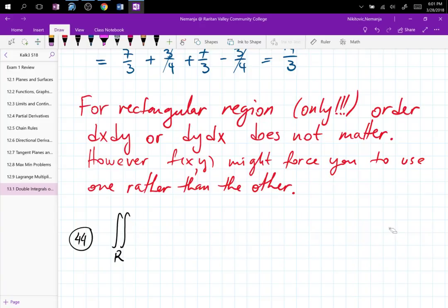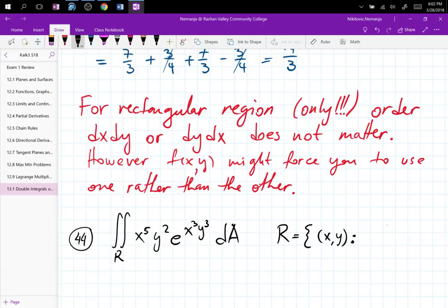And region. So, okay, so now you have x to the 5, y squared, e to the x cubed y cubed, dA. For region R, we have all xy points such that x is between 0 and 2, and y is in between 0 and 1. Great.